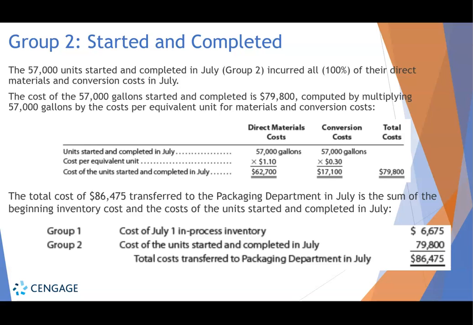Now, the total cost of the $86,475 that was transferred to the packaging department is the total of the beginning inventory cost and those units that were started and completed in July.